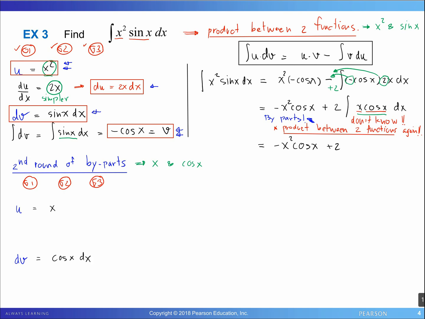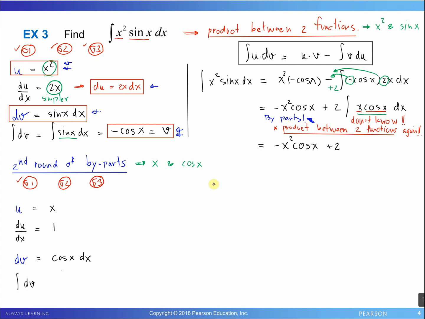And now we check g1. Differentiate u with respect to x, we get 1. So u can be differentiated, which means that g1 is satisfied. Check.